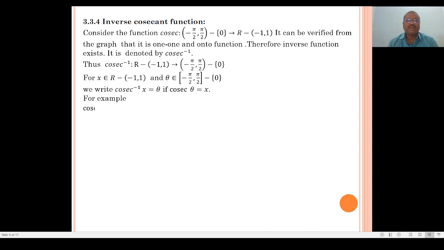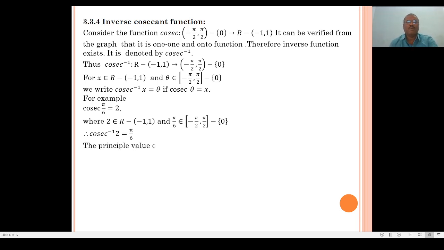For example, cosec pi by 6 equals 2, where 2 belongs to R minus the open interval minus 1 to 1 and pi by 6 belongs to the closed interval minus pi by 2 to pi by 2 minus 0. Therefore, cosec inverse 2 equals pi by 6 and the principal value of cosec inverse 2 is pi by 6.